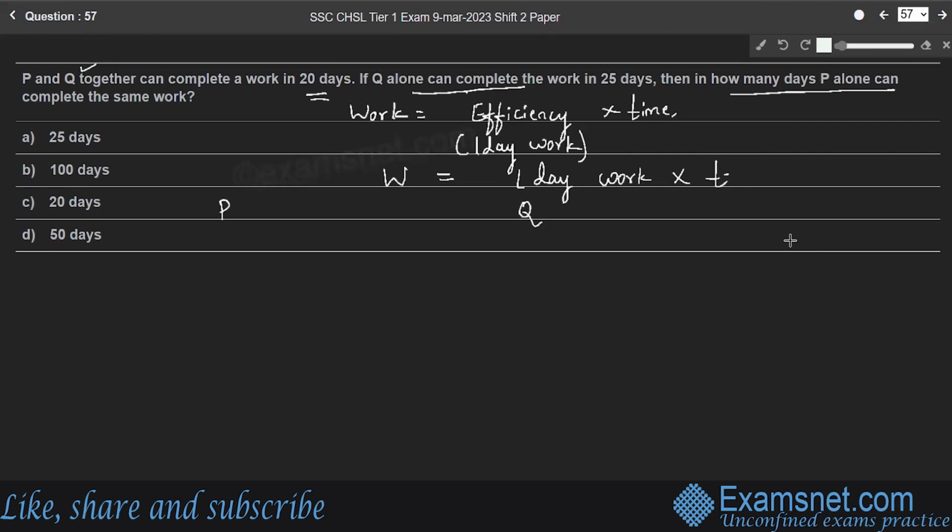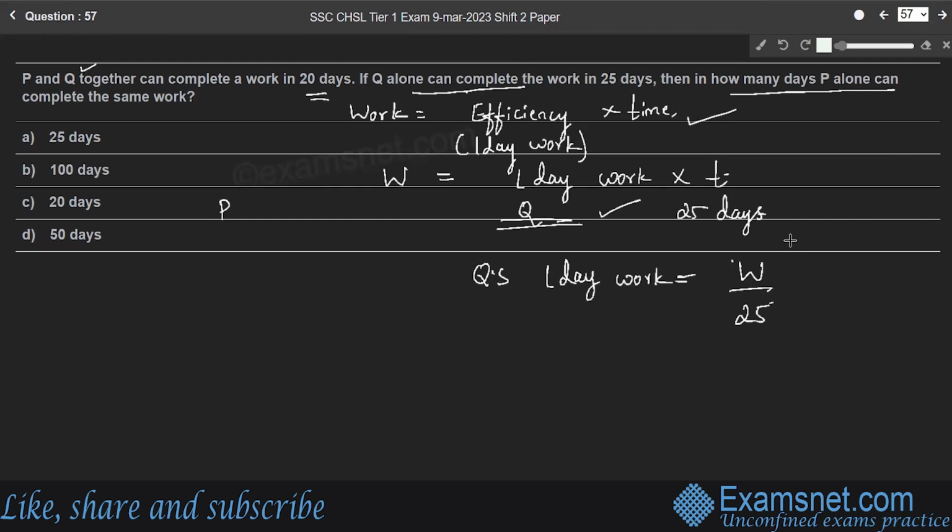To complete W amount of work, Q takes 25 days. Therefore, Q's 1 day work, or efficiency of Q, is equal to work done by Q by number of days taken by Q. So it is W by 25.